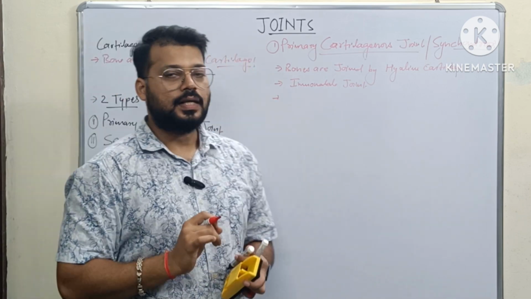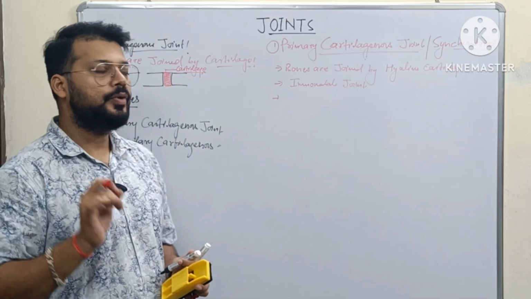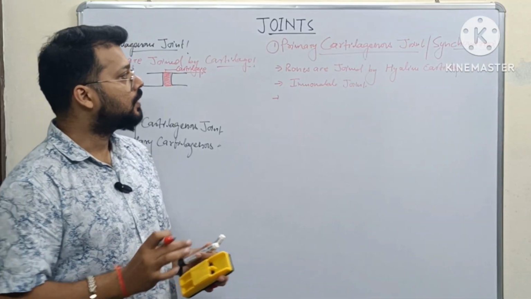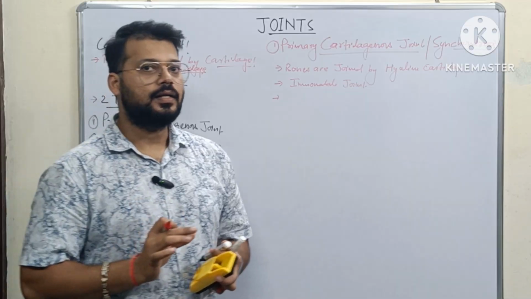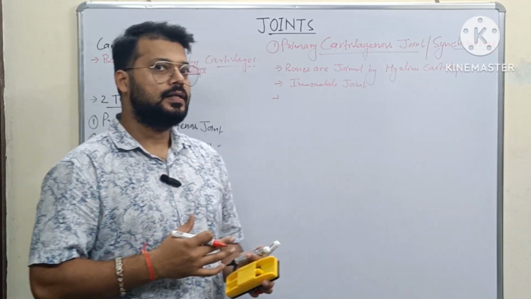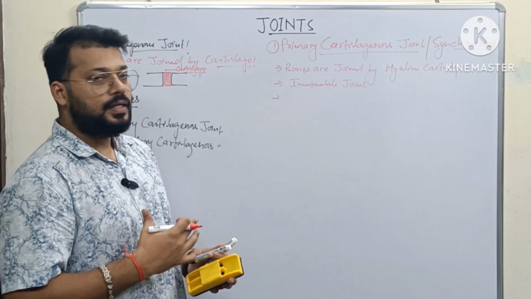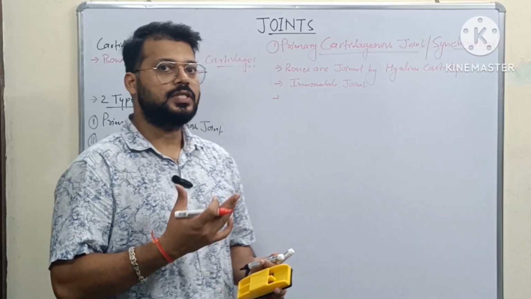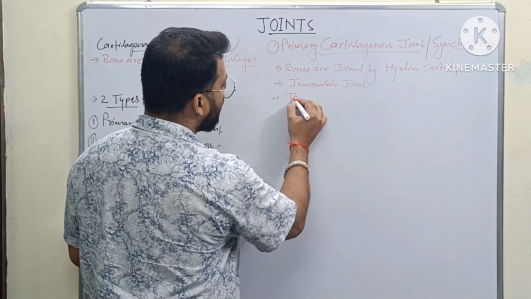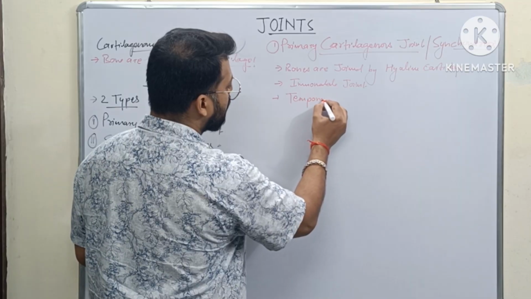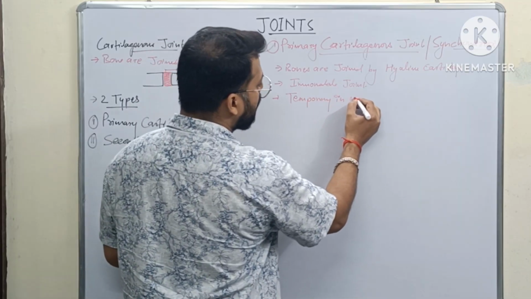The primary cartilaginous joint is temporary in nature because जो ये दो बोन्स के बीच में हाइलाइन कार्टिलेज प्रेजेंट होती है, after a certain age it is converted into bone and the process is called synostosis. Okay, it is temporary in nature.